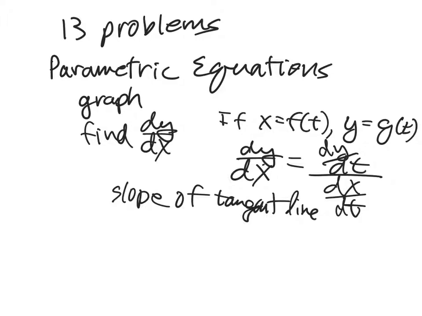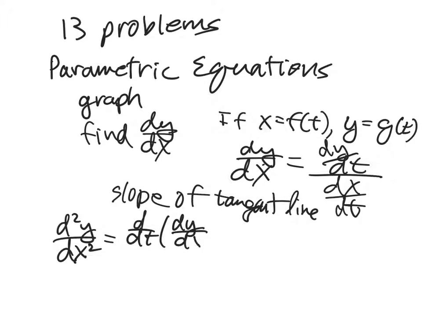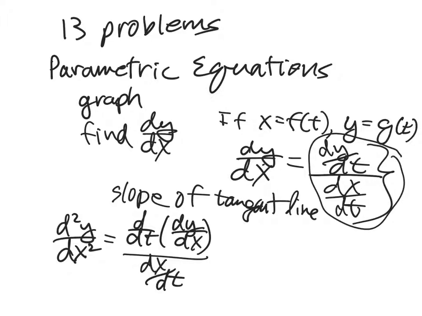Okay. What about the second derivative? First of all, the formula would be what? Well, this looks strange, but this is how we do it. It would actually be the derivative of this with respect to t divided by dx by dt. So got to find your first derivative, then take the derivative of that in terms of t.